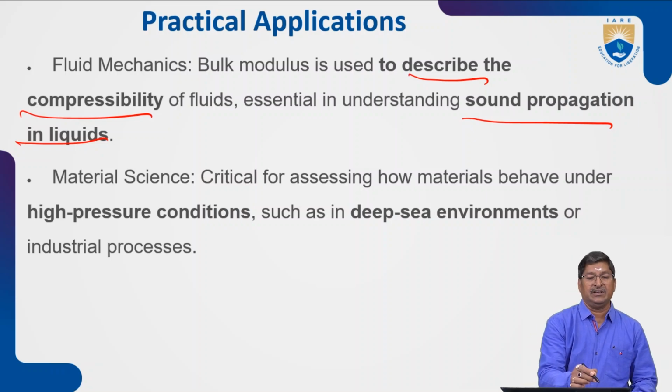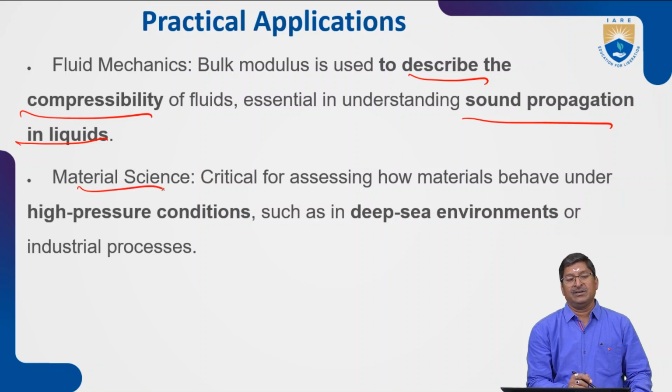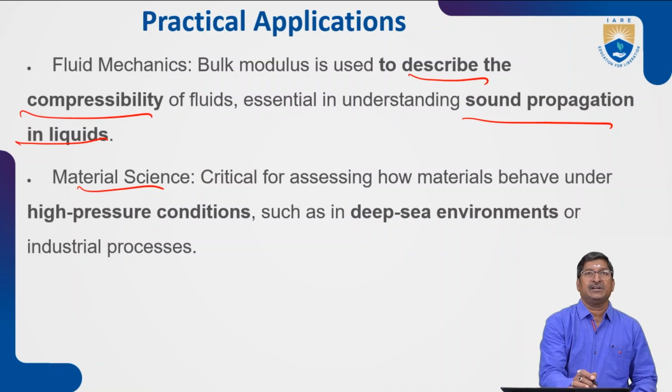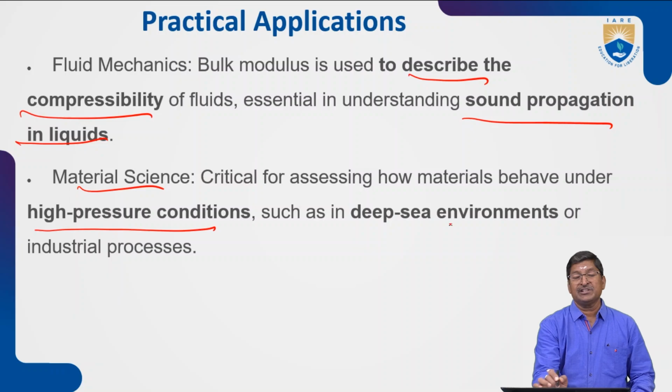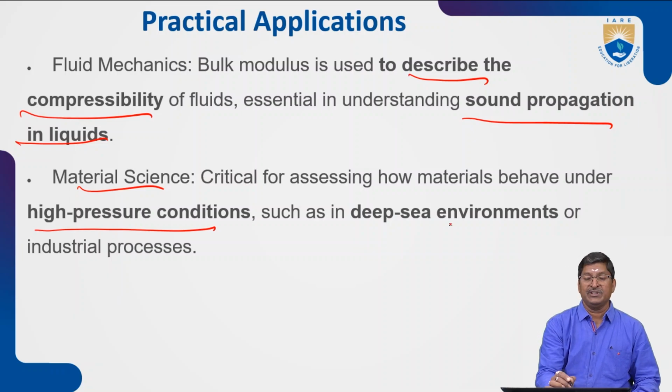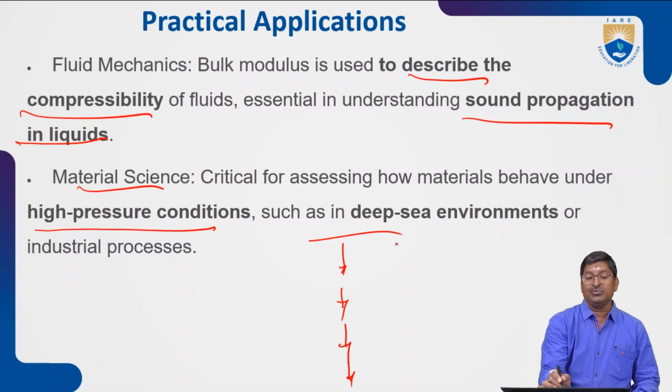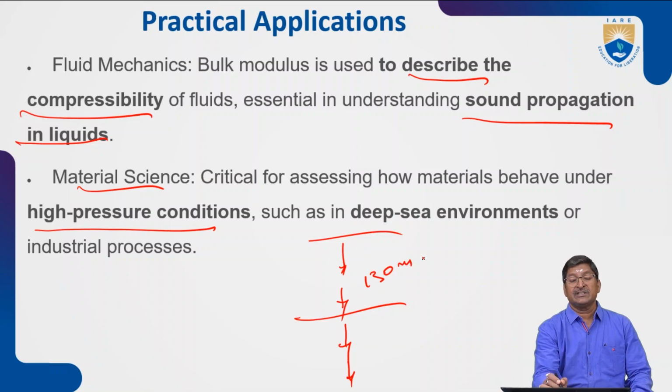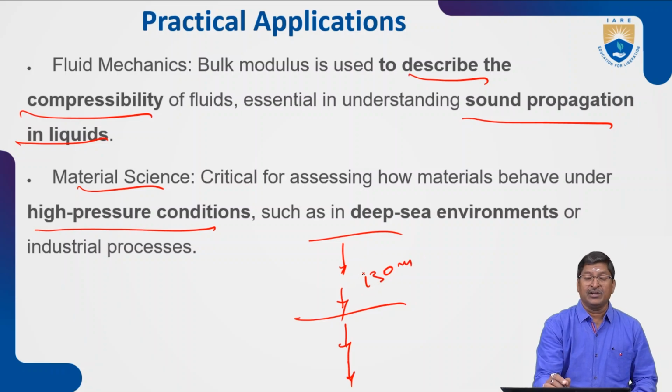And also material science: materials under high pressure conditions, how the materials behave. If you go deeper and deeper into the sea or ocean, what will happen? Up to a certain distance, about 130 meters, normal persons can go that deep into the ocean.